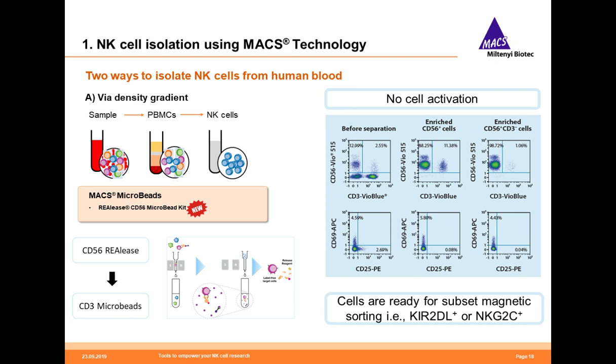After enrichment using the CD56 microbeads, this percentage does not change too much, and after depleting the CD3 cells, you get a very pure NK cell product without activation. So this is a really great tool, especially if you want to subsequently label for other types of cells, for example, NKG2C-positive cells or KIR2DL-positive cells.